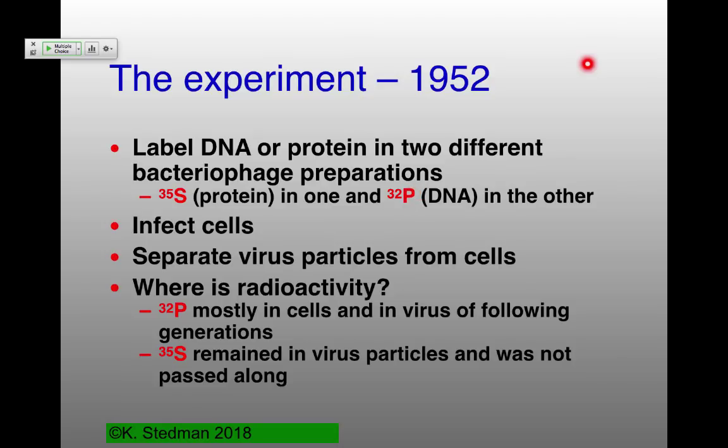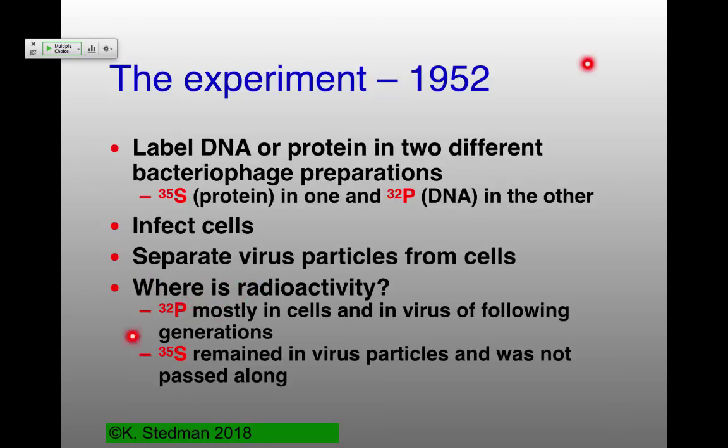Do you see any sulfur in here? No. Do you see phosphate in proteins? Yes, but very small amounts of phosphate. S35, you're going to label just proteins. P32, mostly nucleic acid. Infect the cells. Separate the virus particles from the cells, that's the blender experiment, the E. coli daiquiri. And then just look, where's your radioactivity?